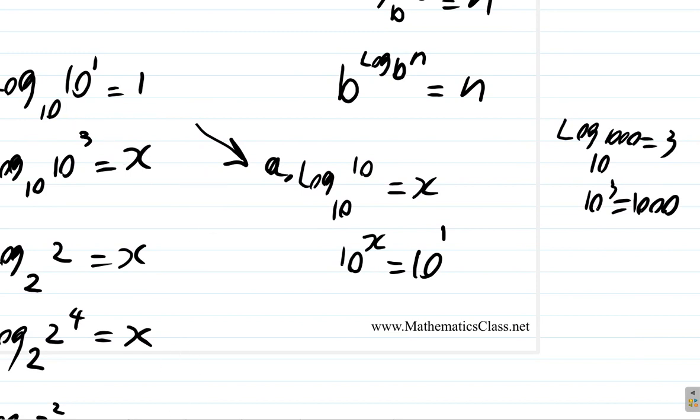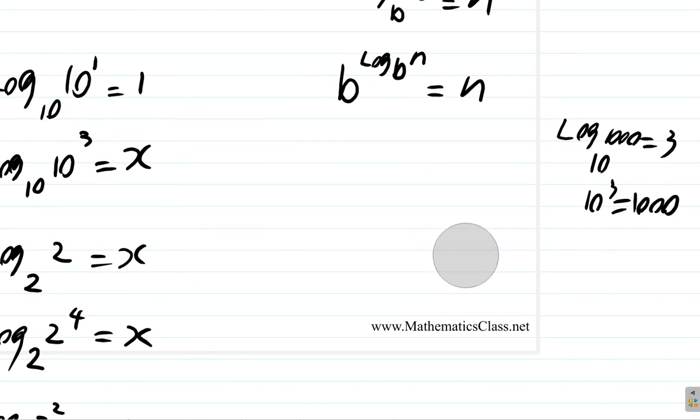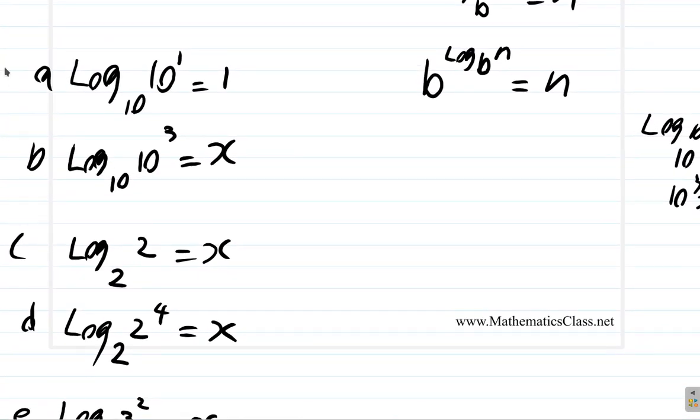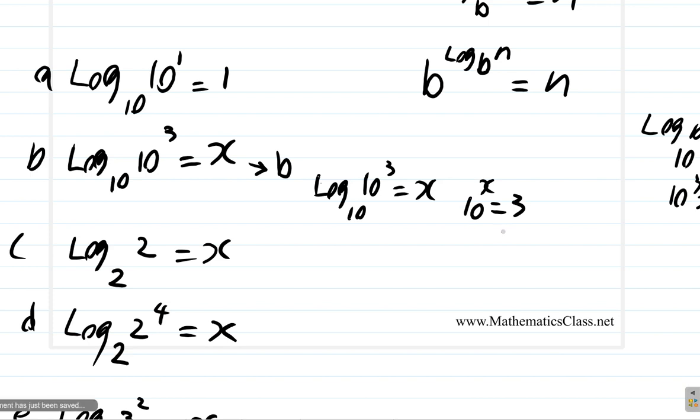Let's try something with the second example and see what we will get. B. This is what we're doing now. The log base 10 of 10 to the power of 3 equals x. Change it to index form. We say 10 to the x is equal to 10 to the 3.